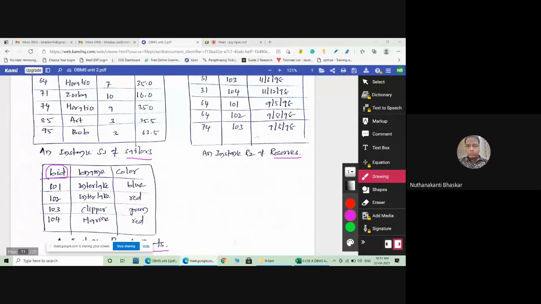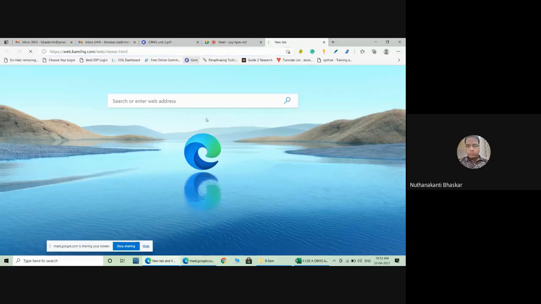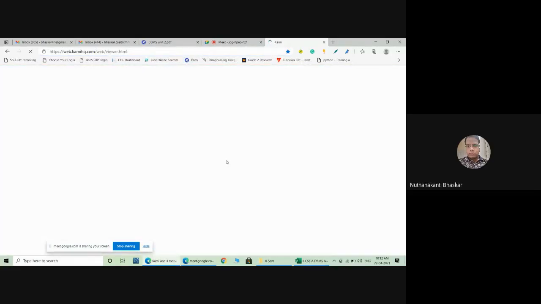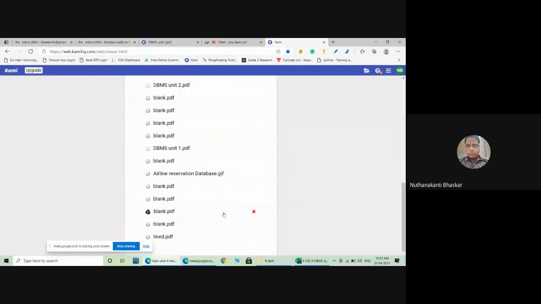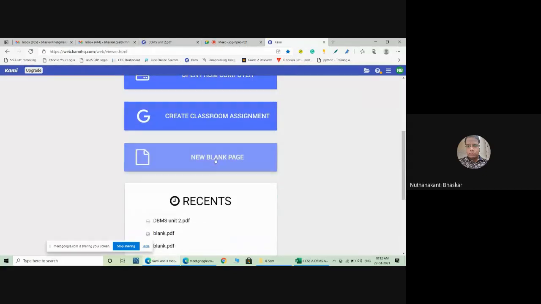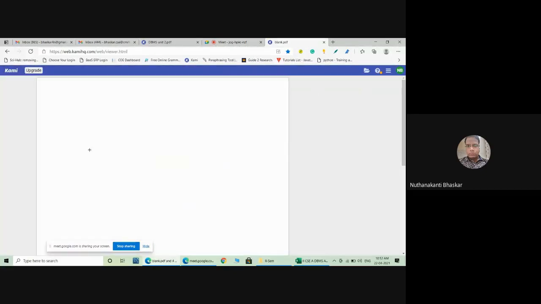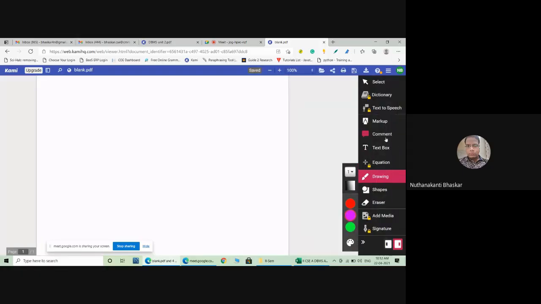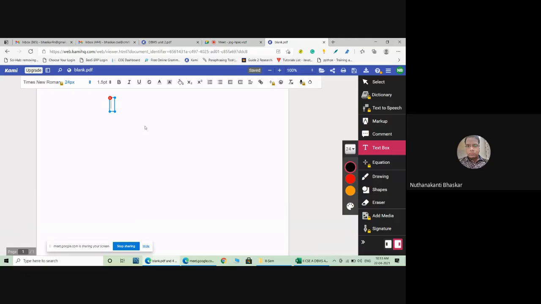Find the names of sailors who have reserved boat number 103.